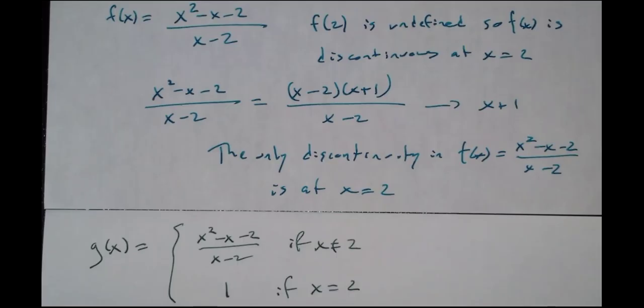My function is defined by 2 different formulas on 2 different parts of the x-axis. When x is not 2, I'm going to use the same formula we used up above. And I know that works. But when I plug in 2, I'll switch to the other formula. And I'll just get out 1.